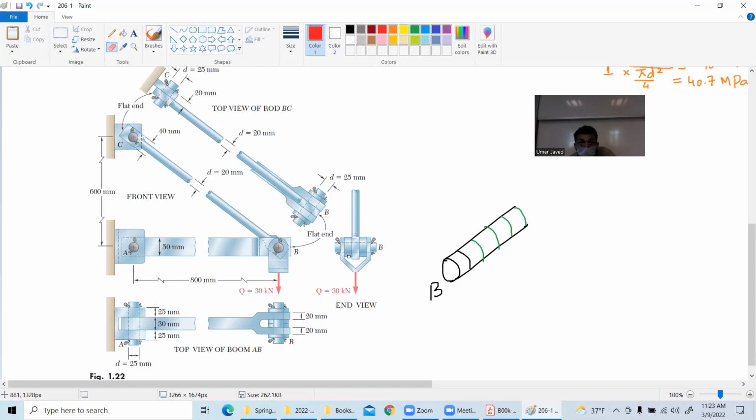For those of you who are saying you are not getting how I made so many portions, I will help you. Where is the 20 kilonewton arrow? Okay, let's make the 20. So wait, the 15 is here.